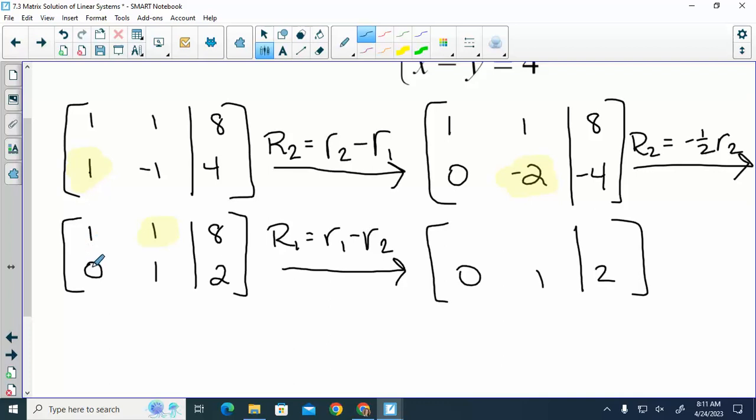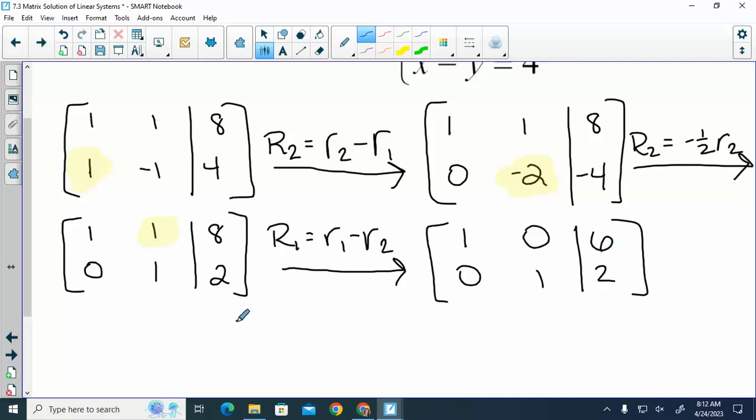So 1 minus 0 is 1. 1 minus 1 is 0. And 8 minus 2 is 6.